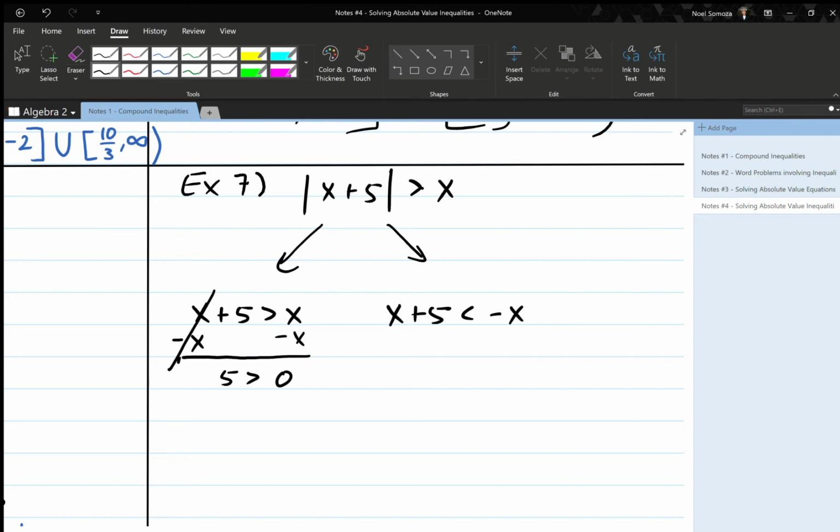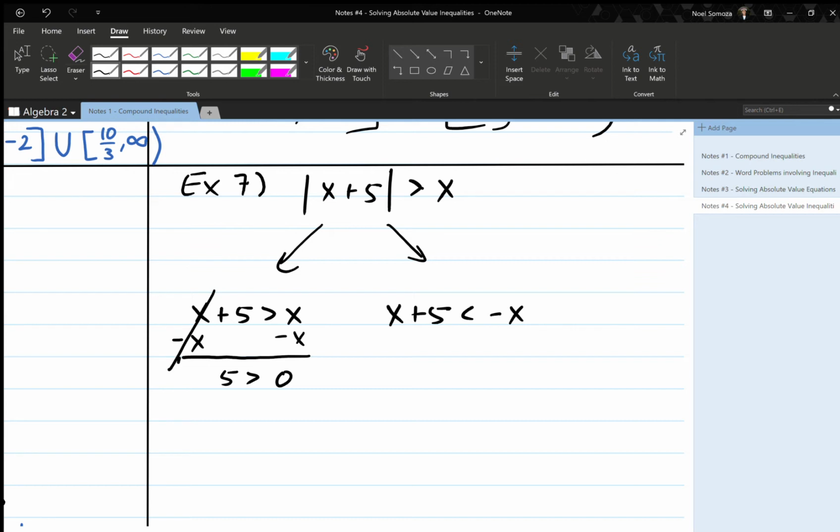Pick an x value. Anybody? Give me a value. 0. This side, 0. This side, 0. You're going to plug in the same number twice. But what does this one have that this one doesn't? You're adding 5. Is this side always going to be bigger than this? Yes. Doesn't matter what number you pick. Be 1,000. 1,005 is greater than 1,000. That's why this is always true.